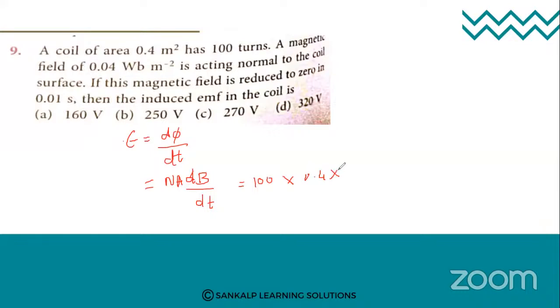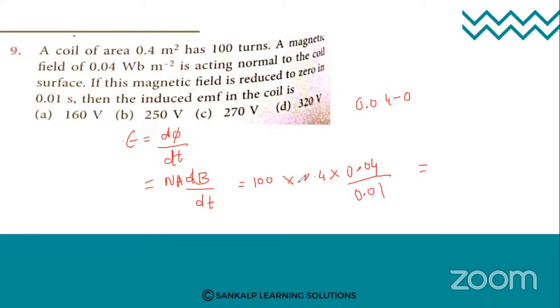So here dB will be 0.04 minus 0. If a different value were given you would have to subtract. Since it is 0, 0.04 minus 0 upon time, which is given in the question as 0.01.